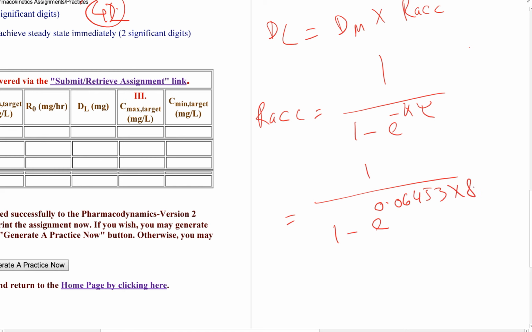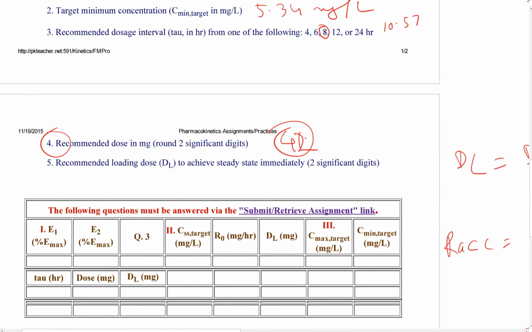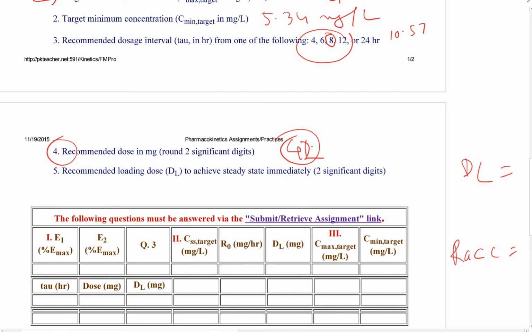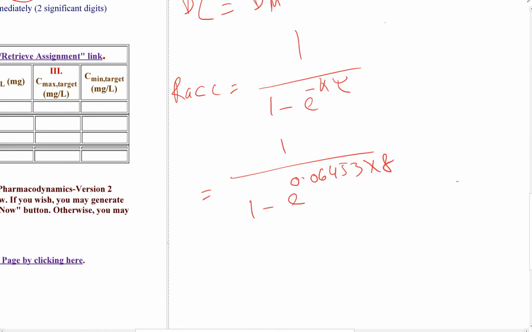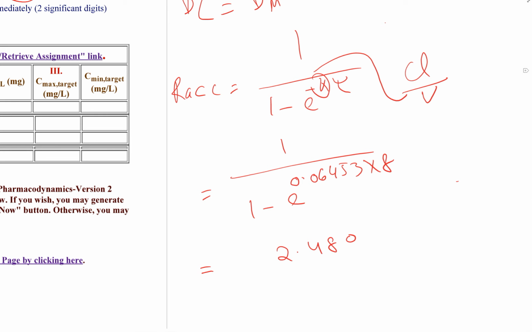So your RSCC is 2.480. You perhaps remember this RSCC is the accumulation factor, and this equation is on the equation sheet.